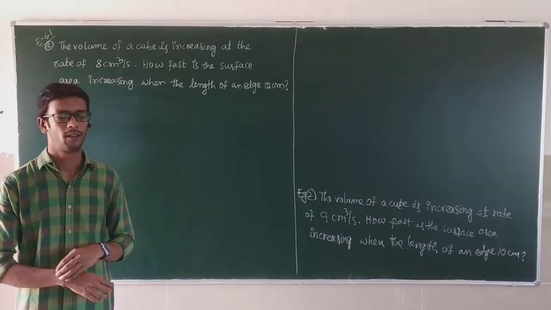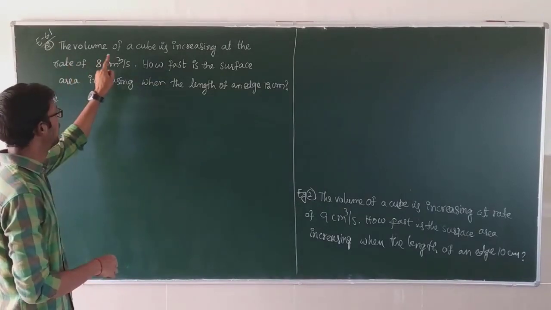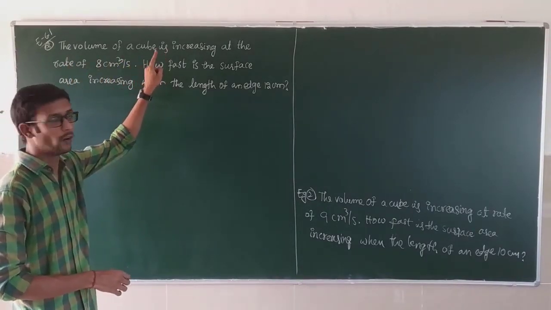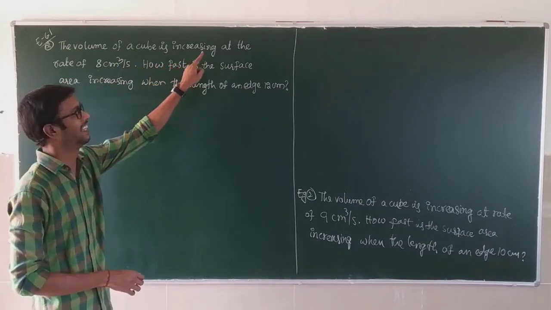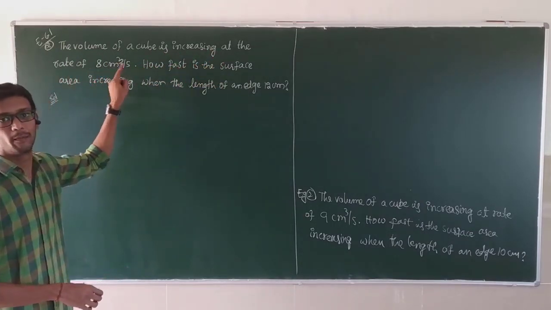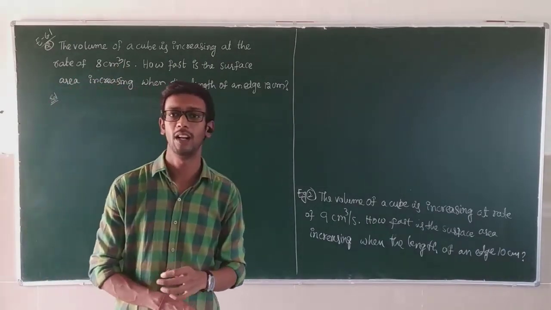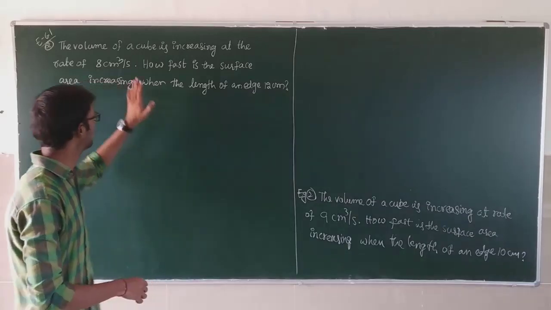Okay. Next, problem number 2. The volume of a cube is increasing at the rate of 8 cubic centimeter per second. Here question understanding is very, very important. The volume of the cube is increasing.